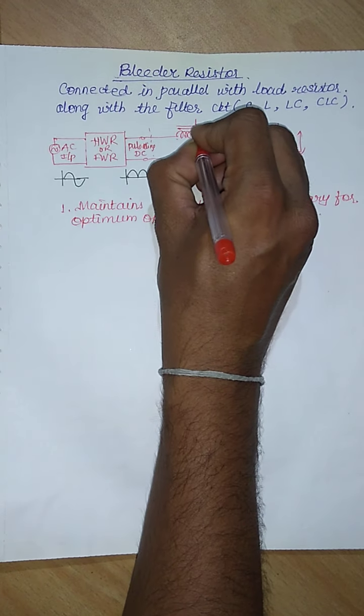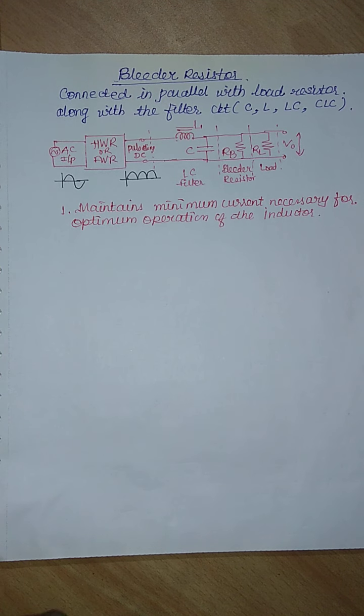So this is inductor L. The first and most important point is that the bleeder resistor maintains the minimum current which is necessary for the optimum operation of the inductor.